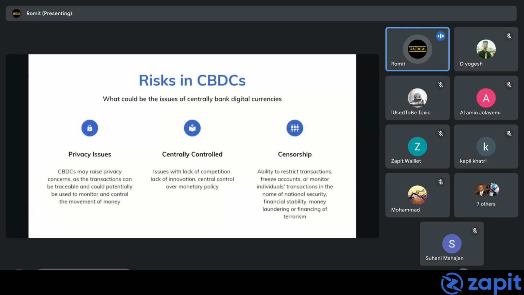So mainly what we have seen is the risks that are involved with using CBDCs. The first thing that I at least would say is that there is a privacy issue, which is although publicly it cannot be traced, it can still be traced privately by the individuals that are centrally controlling it, which is not really a good thing, as we have seen in multiple places.